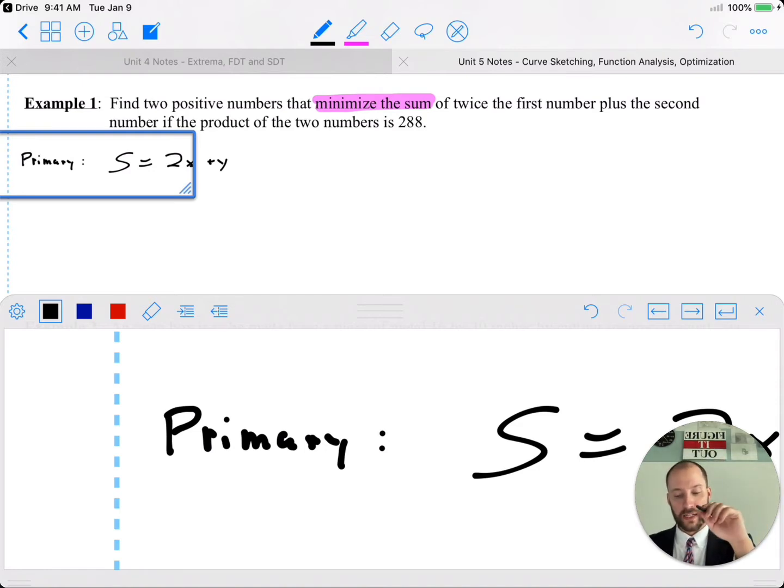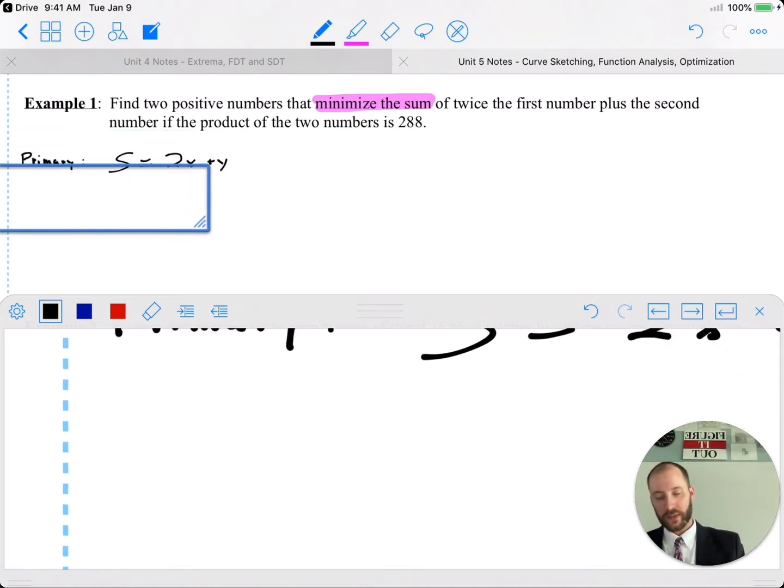Now the product of the two numbers is 288. So it gives us another equation to work with, one that we're not optimizing. That would be our secondary equation.